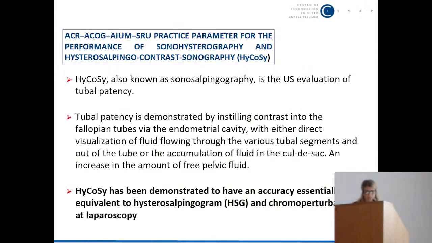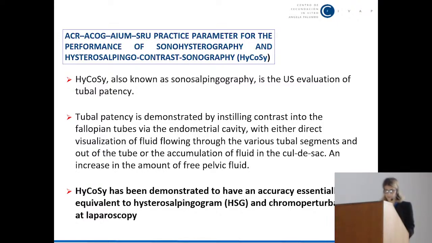The scientific society indicated practice parameters to perform ICOSI and recommended it for the ultrasound evaluation of tubal patency. Tubal patency is demonstrated by instilling contrast into the fallopian tubes via the endometrial cavity, with either direct visualization of fluid flowing through the various tubal segments and out of the tube, or the accumulation of fluid in the cul-de-sac, an increase in the amount of free pelvic fluid.